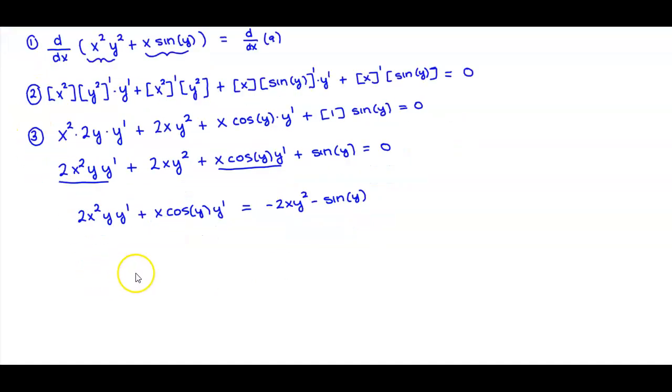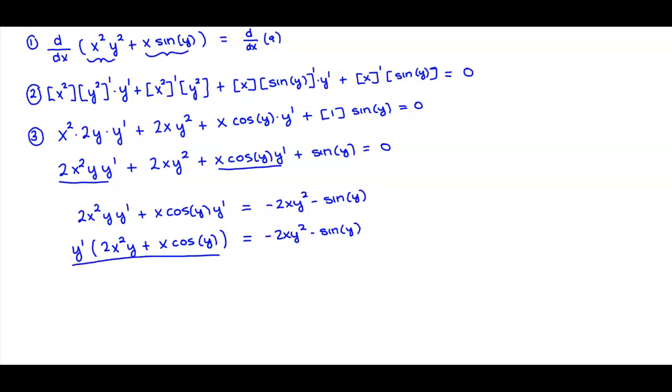Okay, now what we want to do is we're going to factor out the y prime. So when we factor out the y prime, we have 2x squared y plus x times the cosine of y, and that's equal to negative 2xy squared minus the sine of y.